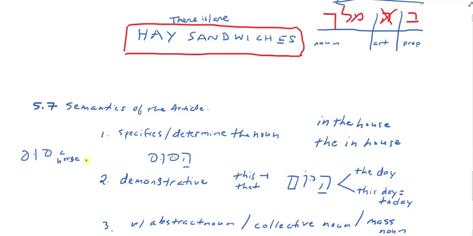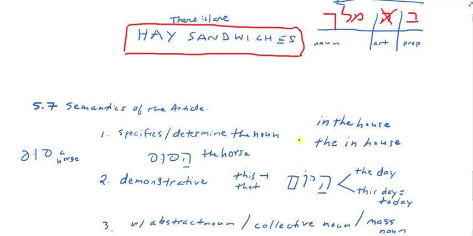On the other hand, if I take the article and add it before sus to form hasus, then that means the horse. The horse. So I am specifying a specific horse that I as the speaker and you as the listener are able to identify. It helps to identify a particular horse.